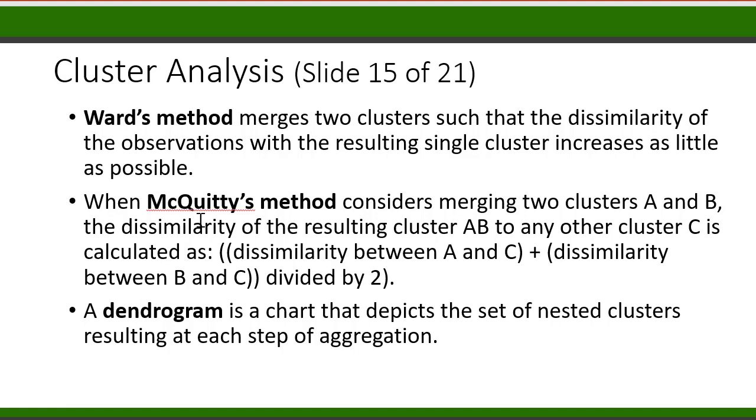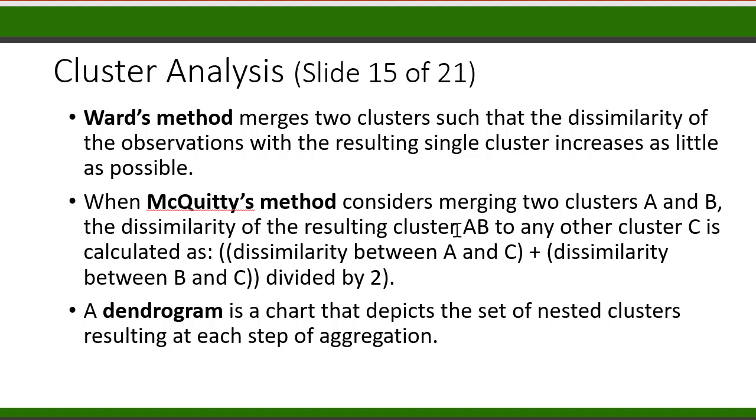We have McQuitty's method, which considers merging 2 clusters. The dissimilarity of the resulting cluster AB to any other cluster C is calculated as the dissimilarity between A and C and the dissimilarity between B and C divided by 2.